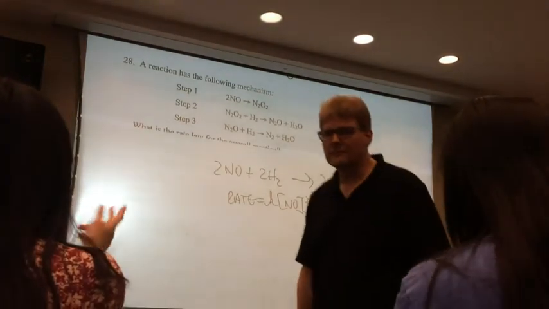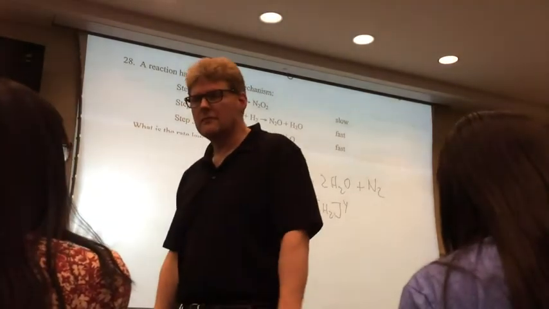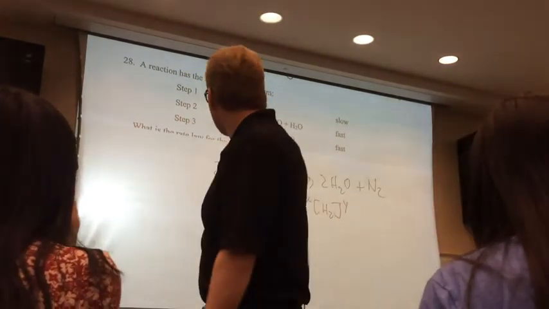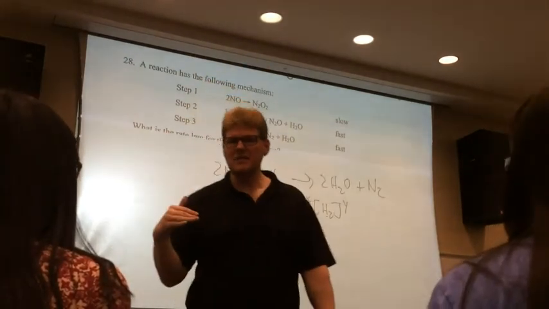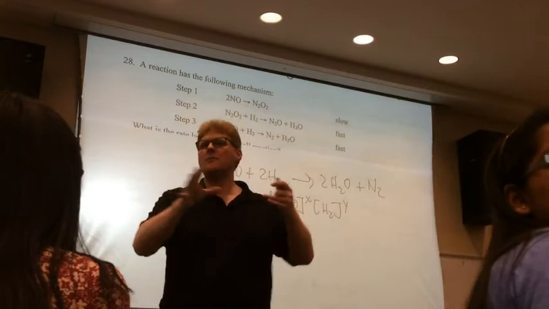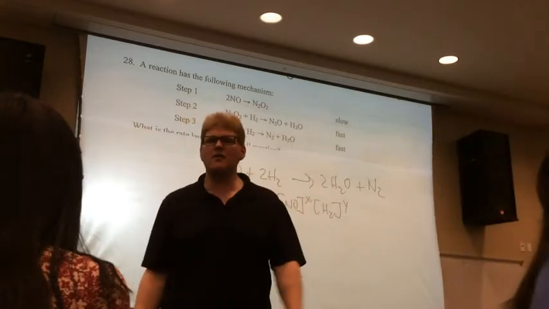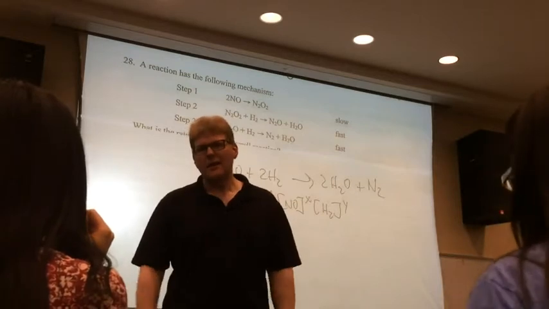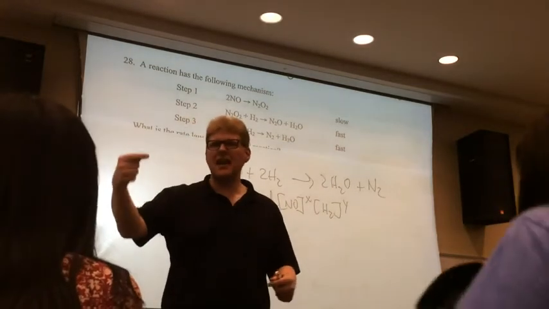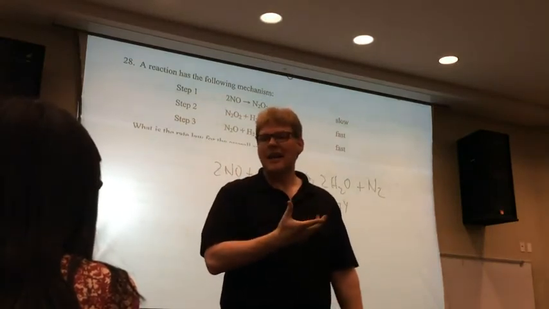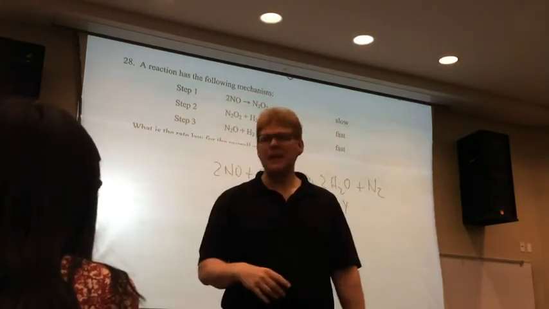No, it turns out that we didn't go over this in class, but there's a case where the second step is slow, the first step is fast, and you have to use a different procedure to figure out the rate law. Because your second step's a slow step, the second step usually has an intermediate in it, and your rate law can't have an intermediate in it.